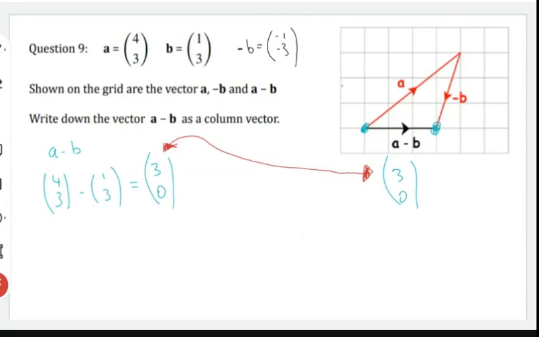Wait, how? Well, okay, so look at A minus B. A took us through the vector 4, 3. Then minus B took us through minus 1, minus 3. And when we combine those vectors, our overall vector was 3, 0.